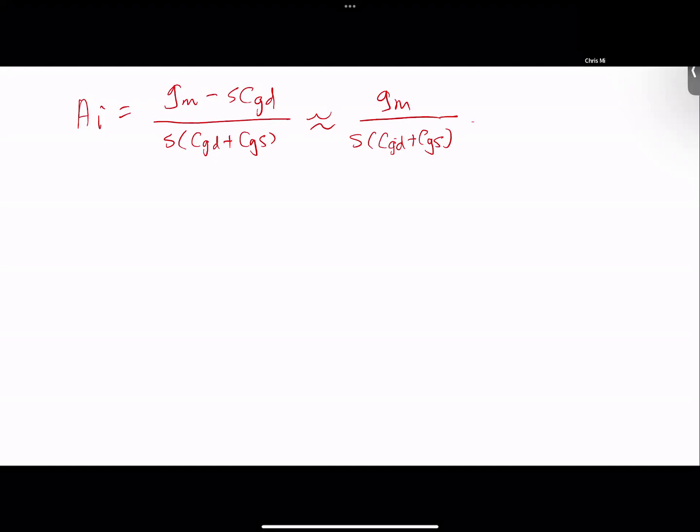From here, you can see that your current gain is inversely proportional to CGD plus CGS and omega. So basically AI is equal to gm divided by omega(CGD plus CGS).